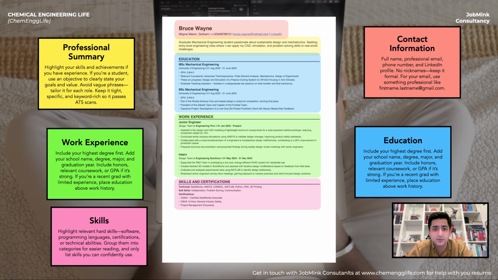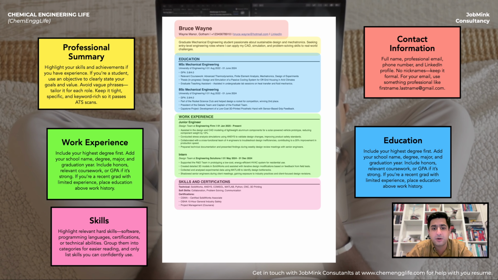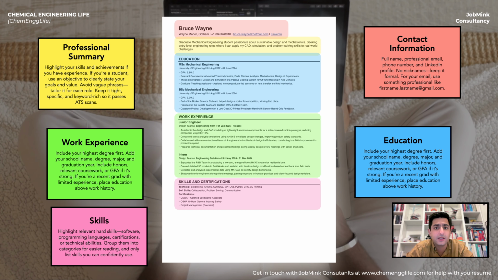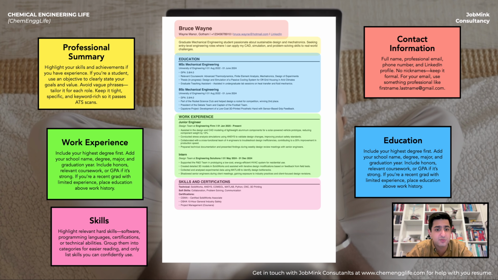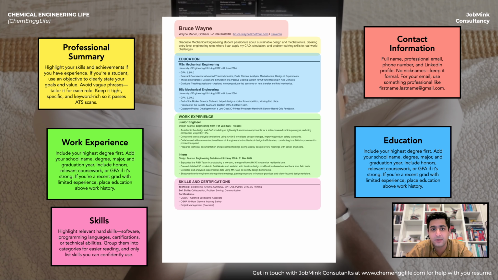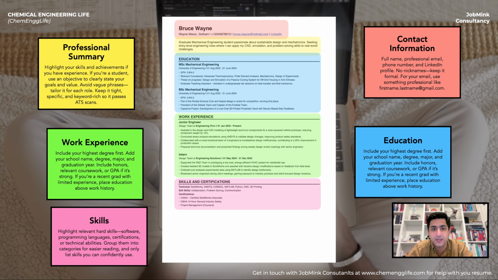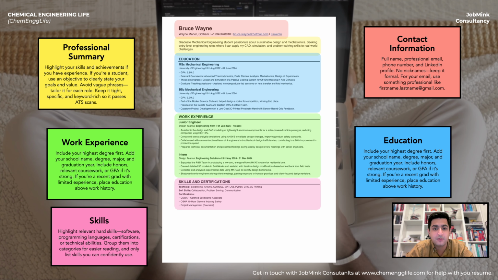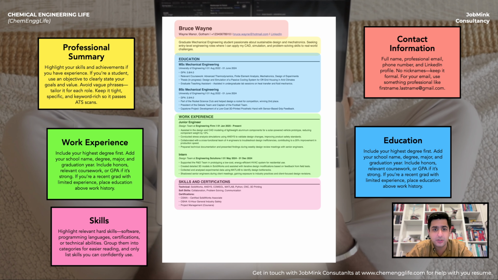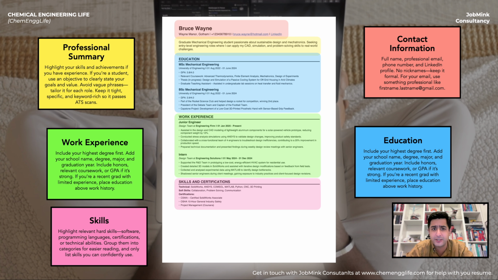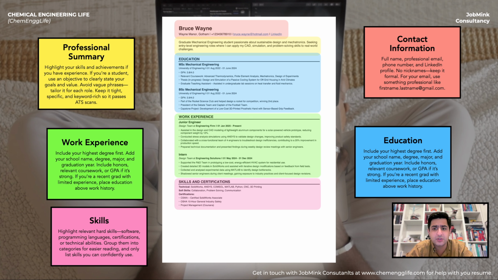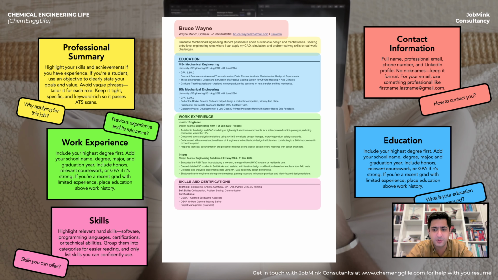The soft skills could be anything that, again, is relevant for the job that you're applying for: communication, time management, stakeholder management, document management, all of those sort of things that might look good for the job, that is the job requirement. And at the same time, in the same section, you can also add in your certifications. Any certification that you have had is a good idea to throw in there as well.